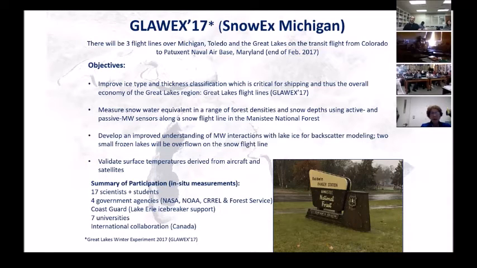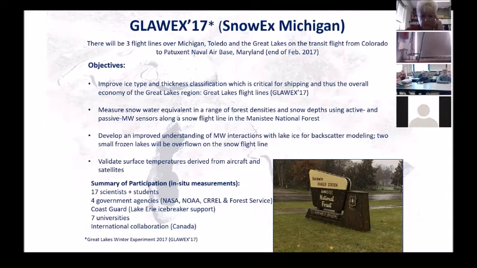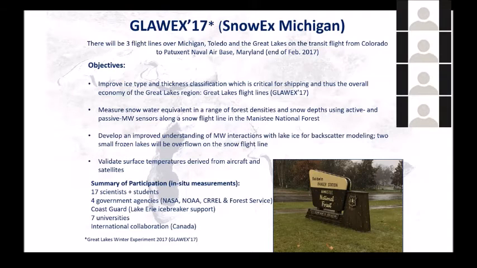The objectives of this GLAWEX mission are to improve the ice type and ice classification algorithms, or ways that they measure the ice thickness and distribution in the Great Lakes, because this is very important for shipping and the economy of the Great Lakes region, to be able to ship products over the Great Lakes year-round.